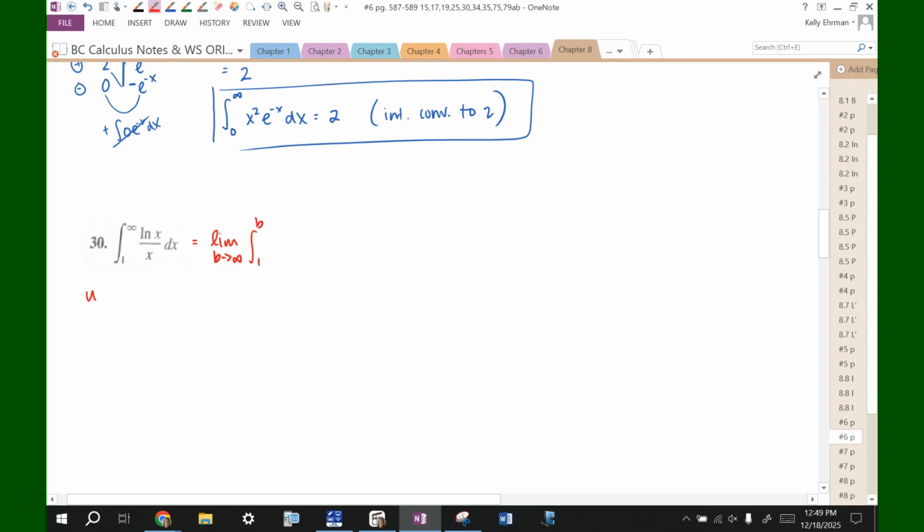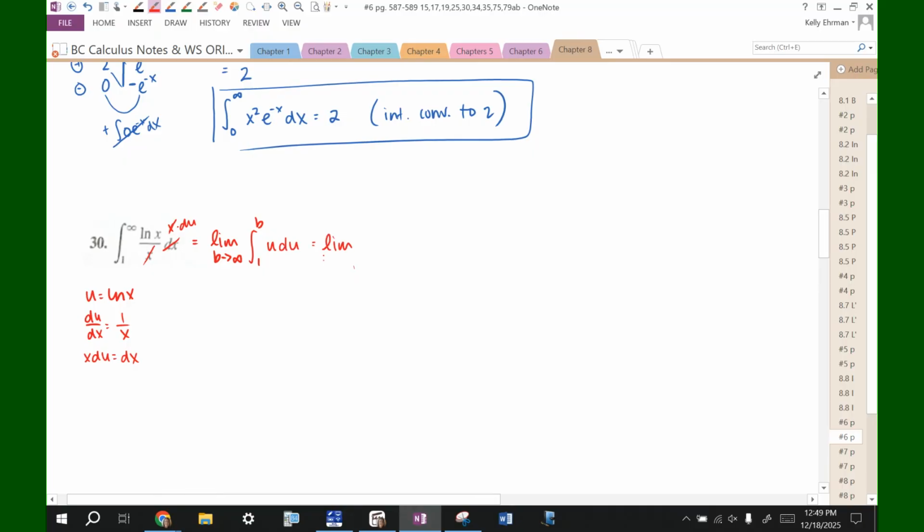If we let u equal natural log x, then du dx is equal to 1 over x. And so that's going to cancel out here, right? x times du is equal to dx. So those x's cancel, so you get u, which is the natural log of x, times du.